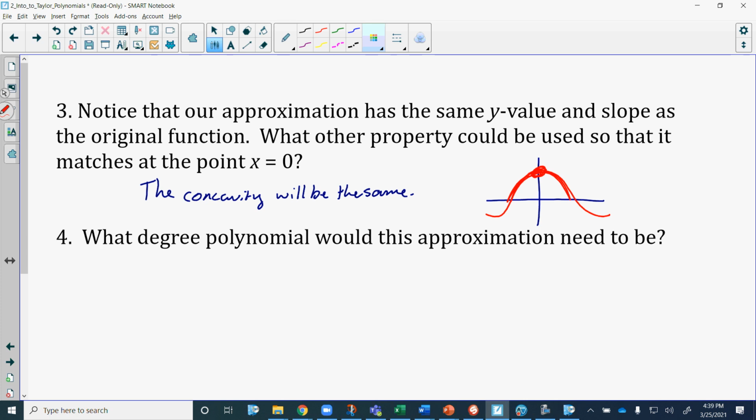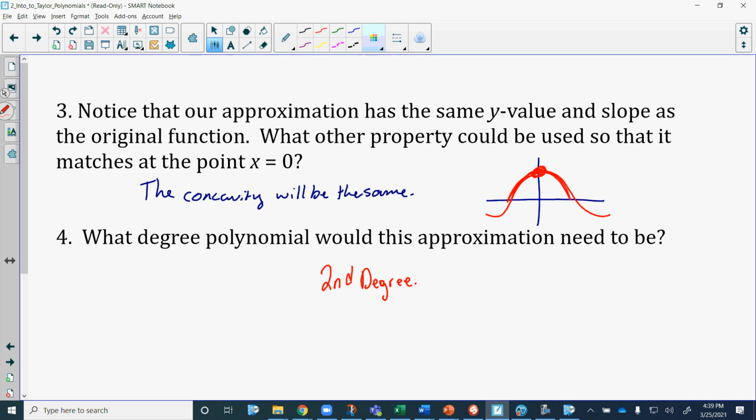So when it says what degree polynomial would this approximation need to be, we're going to be looking at a second degree polynomial. We're going to have at least a quadratic polynomial, so that way we can get something that's going to resemble that shape of the cosine of x function at 0.